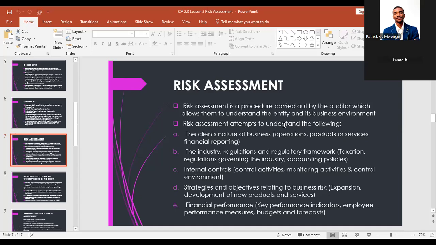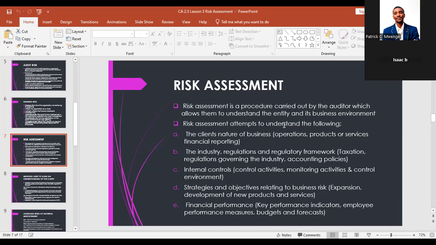Is it in the retail sector? So if we understand that, we can have knowledge of the rules and the regulations that are surrounding a particular industry. So for example, if we're auditing a bank like Zambia Industrial Commercial Bank, banks are highly regulated. So if we understand the industry of the client and we also understand the rules and the regulations, we can know exactly where we're going to focus the audit, right?